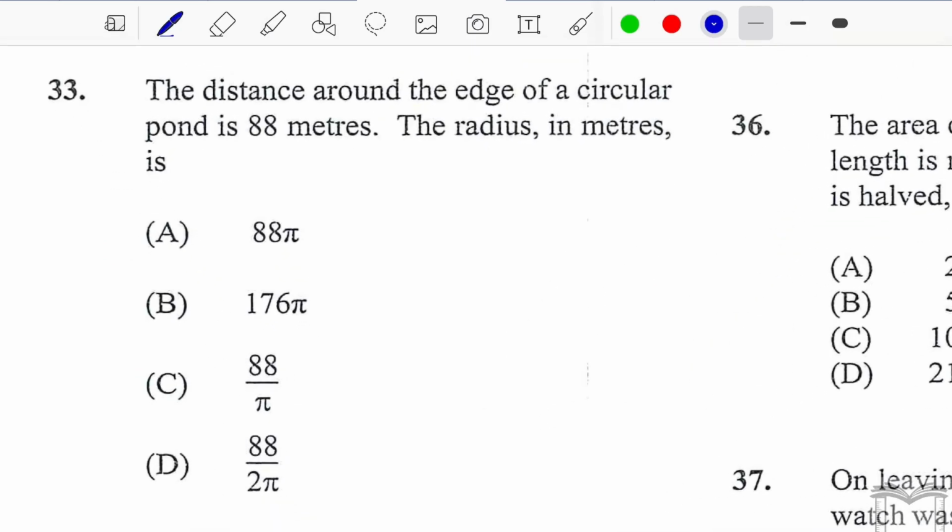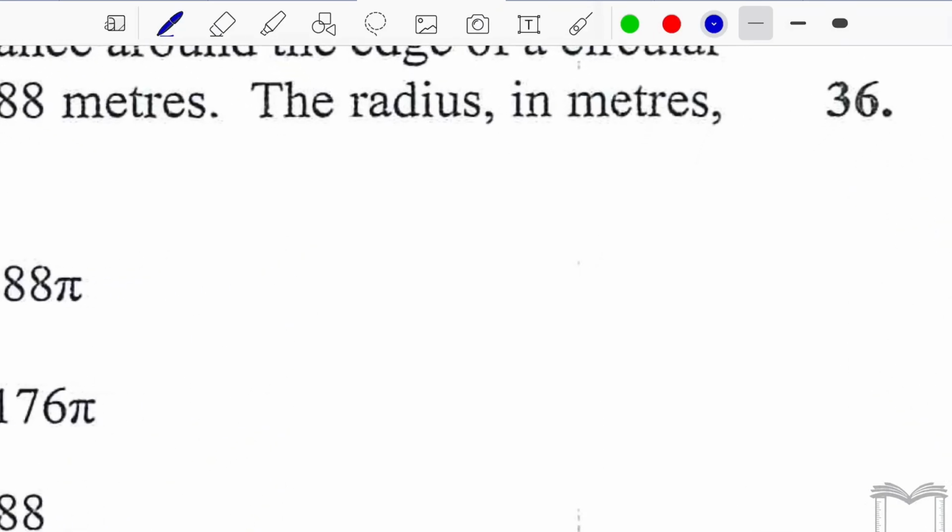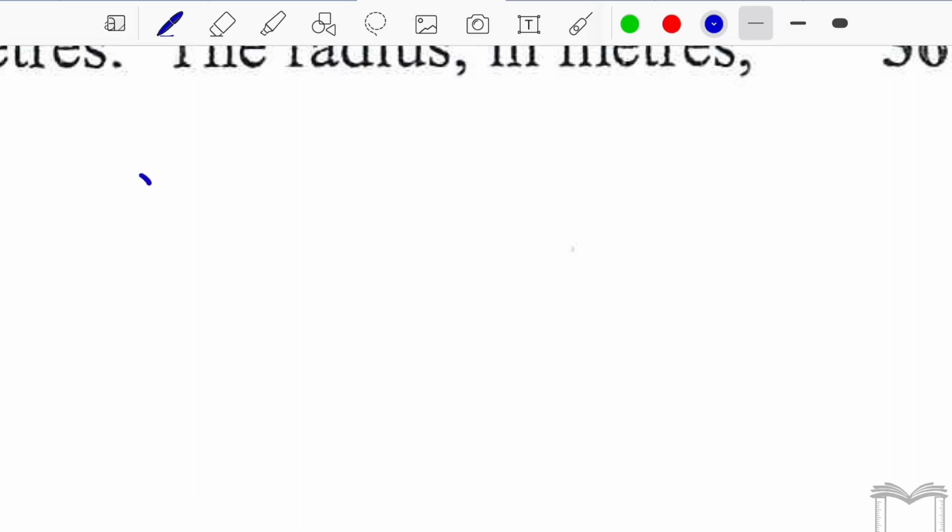Number 33. The distance around the edge of a circular pond is 88 meters. The radius in meters is... So when they say the distance around the edge of a circular pond, this can be referred to as the circumference. What is the formula for the circumference of a circle?